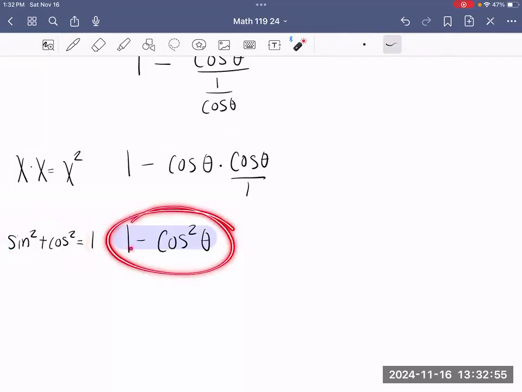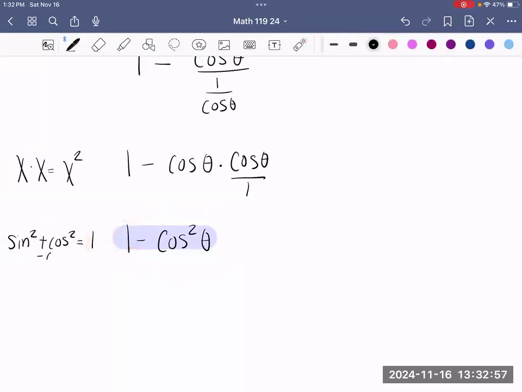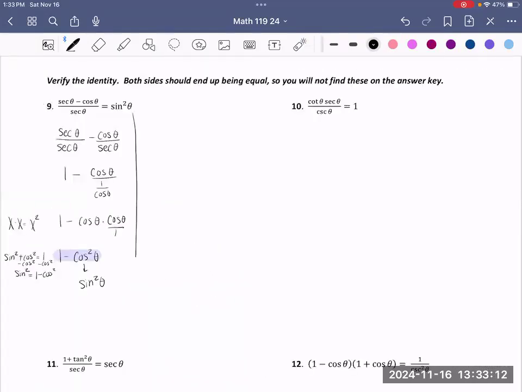It looks like a cosine squared has just been subtracted to the other side. So we get 1 minus cosine squared is equal to sine squared. So this whole thing is equal to sine squared of theta, which we have now matched down below, sine squared of theta. So that, in fact, is correct.